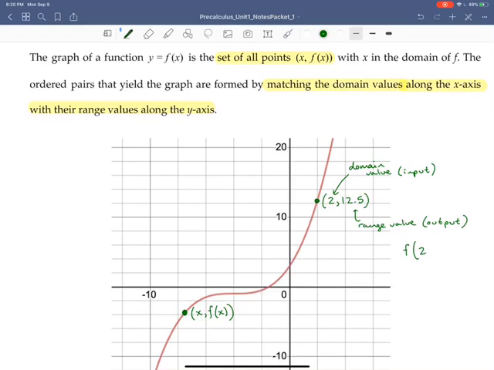We have f of 2 equals 12.5. When we plug 2 into the function, 12.5 is what comes out.